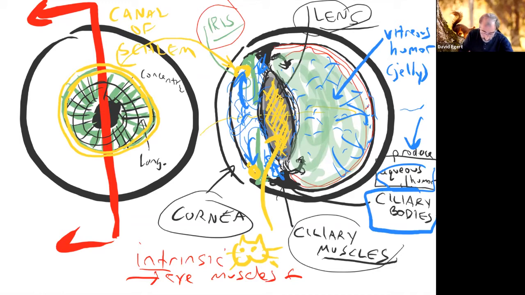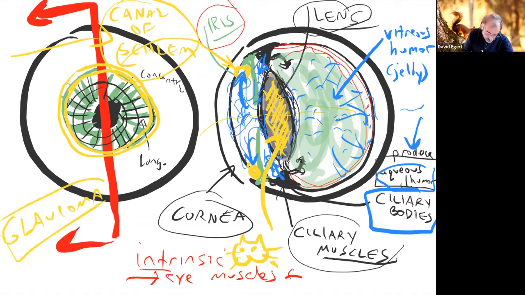Again, glaucoma is when you have a buildup of pressure because you have inadequate drainage of the aqueous humor. It's interesting when you have cataracts, they will go and they'll take out the lens and they'll put in a new lens.